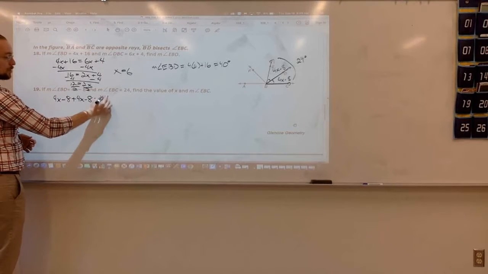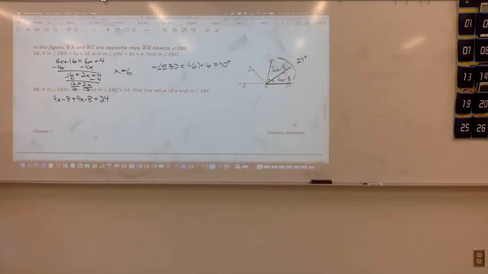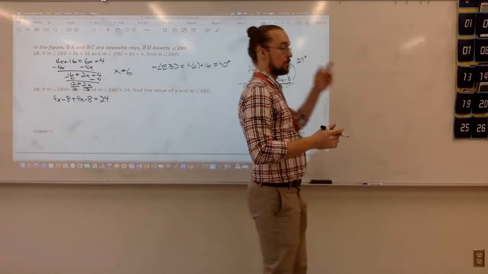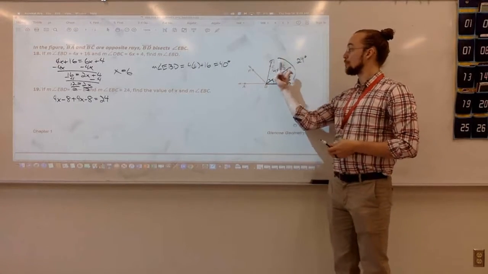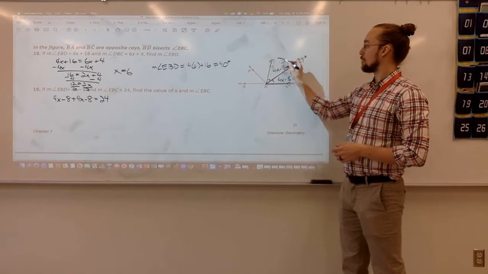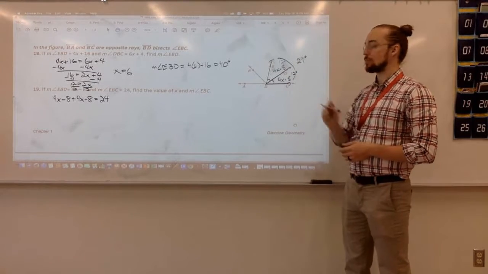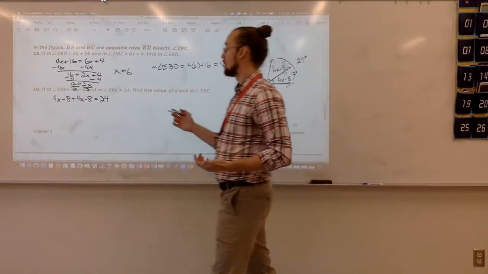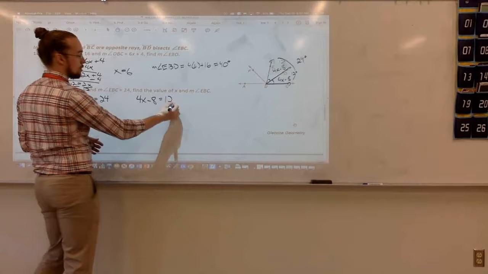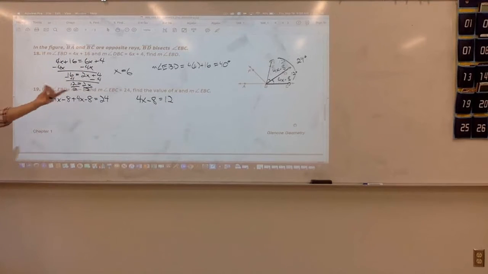There's another way that we could do this as well. If I know the whole thing is 24, and that 24 degree angle is split in half, that means each of these smaller angles would just be half of 24. They would each be 12. So I could also say 4x minus 8 equals 12. I'll get the same answer when I solve either of these equations.